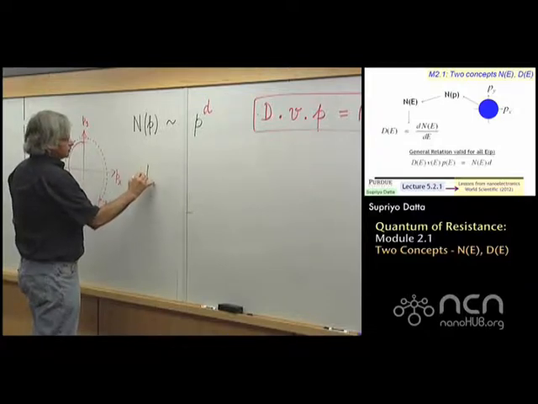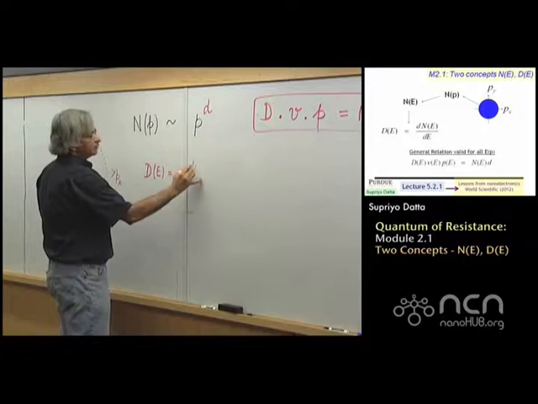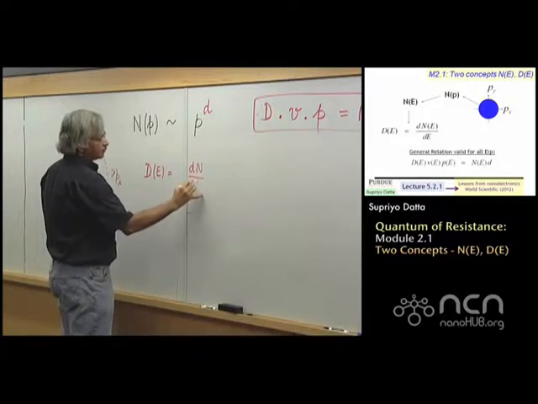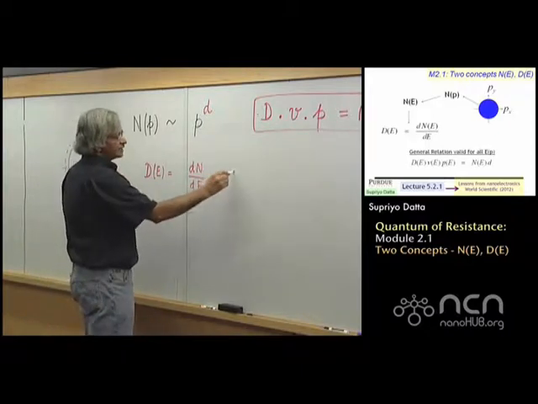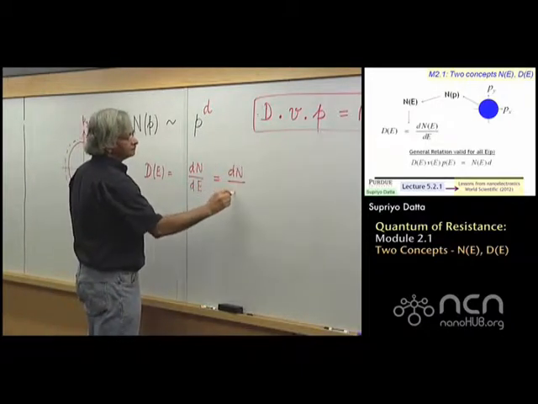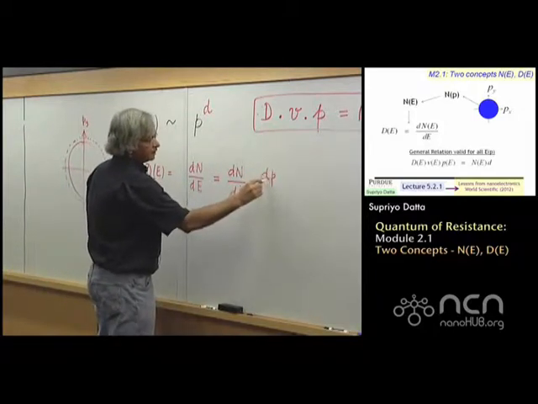Because what we can do then is, we could write the density of states, as we discussed, is derivative of N with respect to E. So what I could do is write this as dN dP times dP dE.